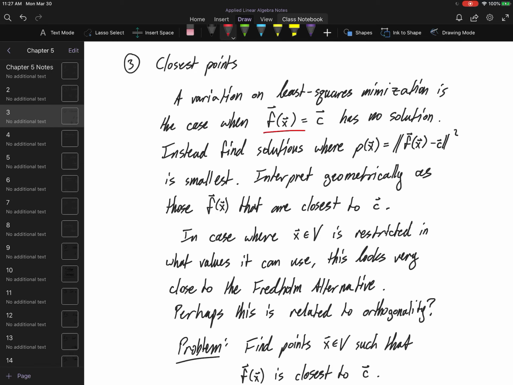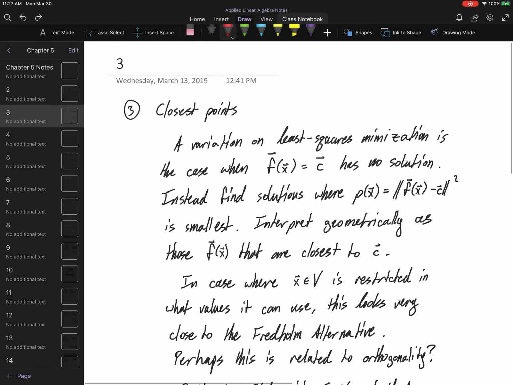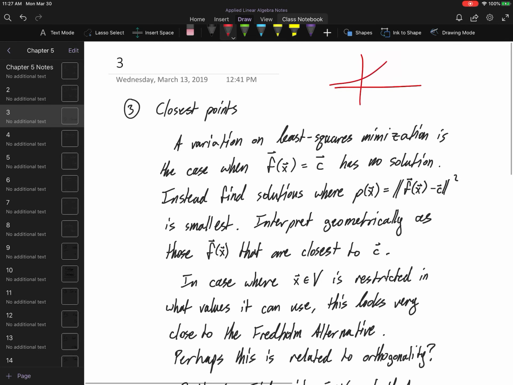F of x is equal to c, and let's just say that this has no solution. Coming back to this example, we're not dealing with the case where the point is on the curve. We are moving this guy off of the curve and asking, where is it closest to that curve?